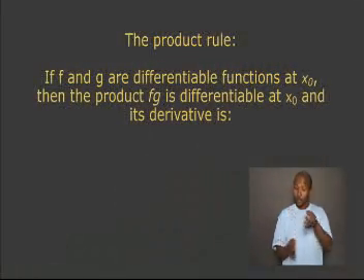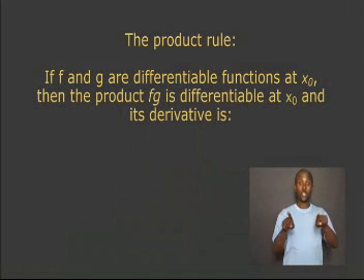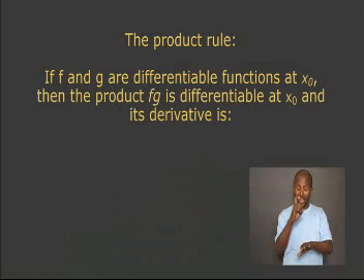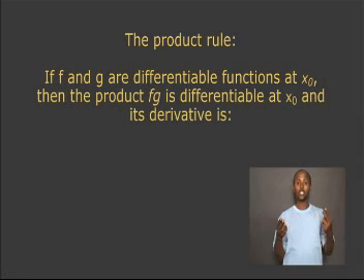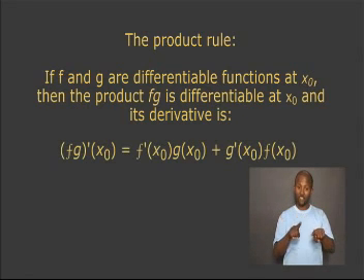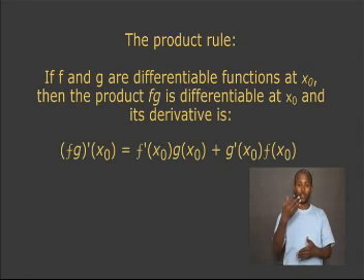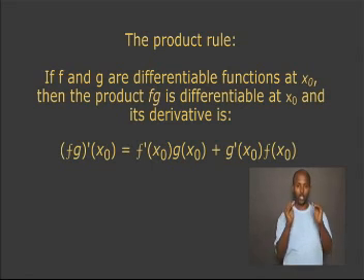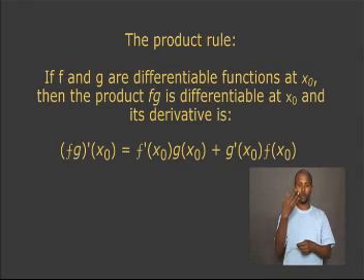If f and g are differentiable functions at x naught, then the product fg is differentiable at x naught, and its derivative is given as (fg)'(x naught) equals f prime of x naught times g of x naught plus g prime of x naught times f of x naught.